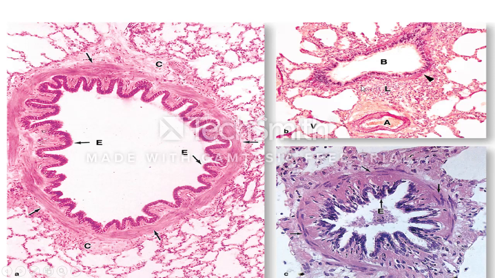Do you understand why this is named terminal bronchiole? Because near to this bronchiole, pulmonary arteriole is observed, and the mucosa in this part has columnar ciliated and cuboidal cells and Clara cells.